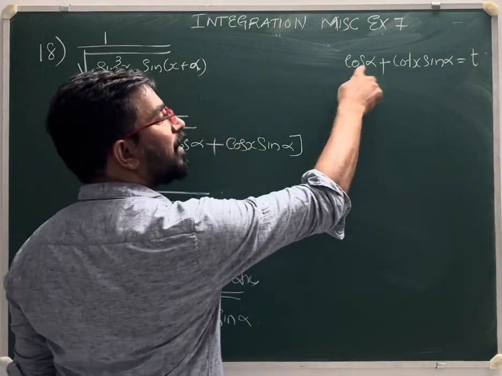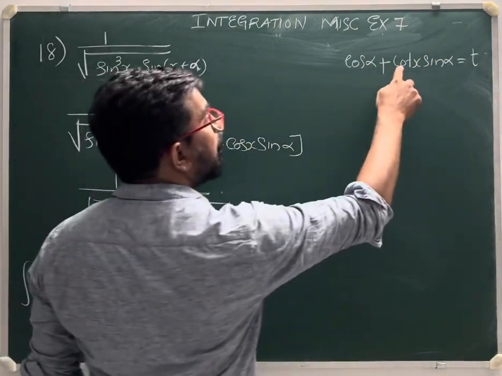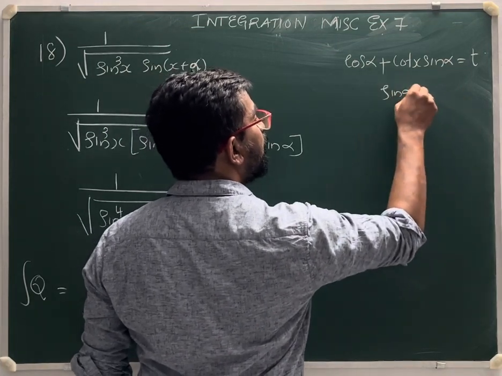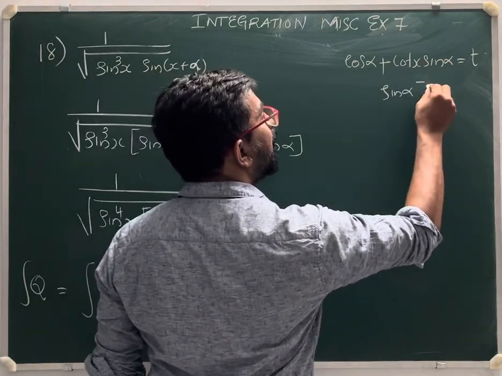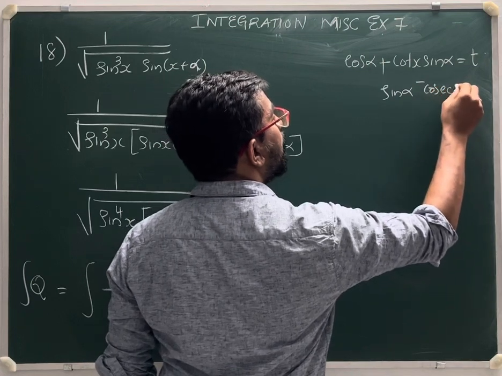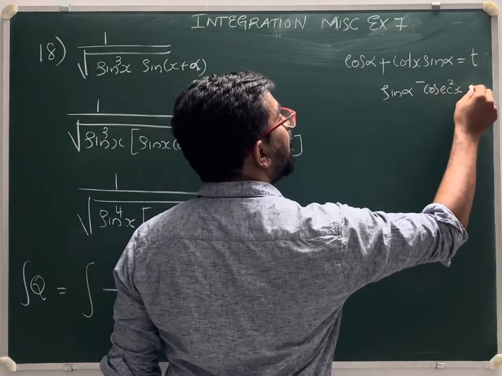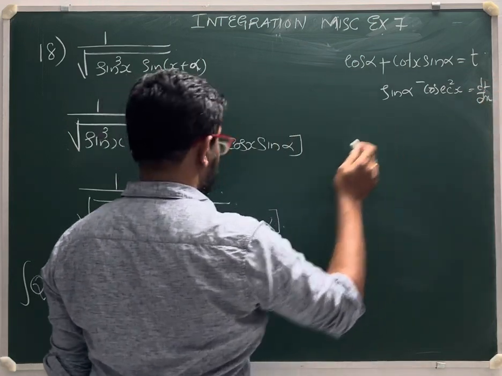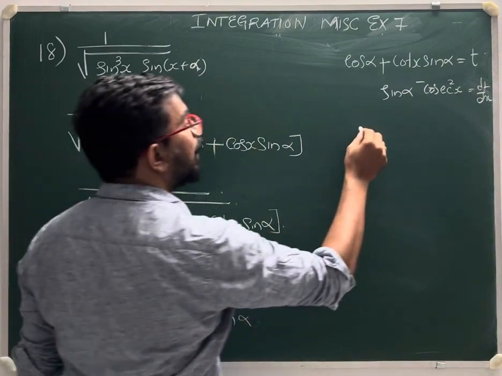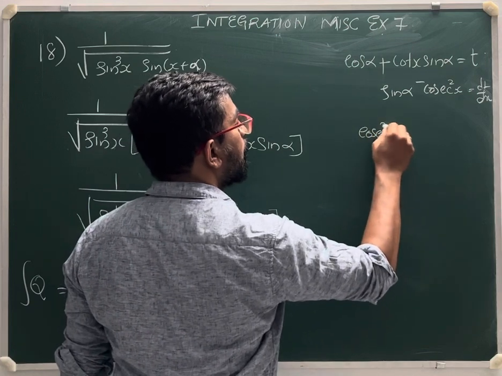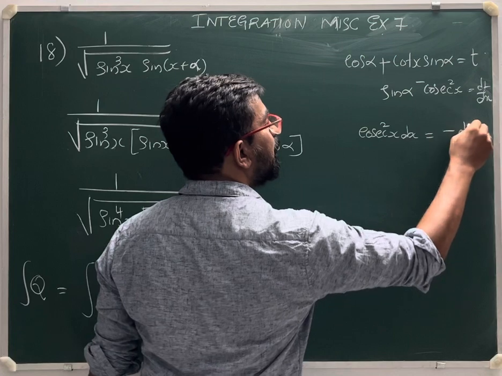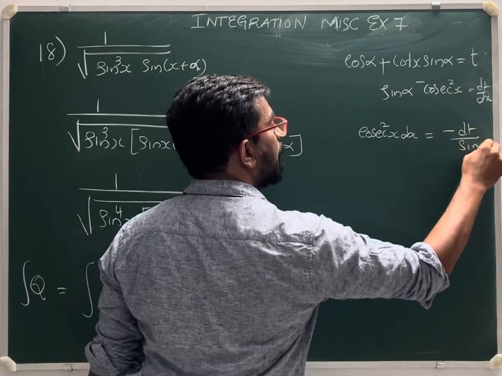If you differentiate, cos alpha will become 0, constant. Cot x, sin alpha is a constant, you will keep it as it is. Cot x derivative is minus cosec square x equal to dt by dx. So I want cosec square x dx only. So cosec square x dx is equal to minus dt by sin alpha.